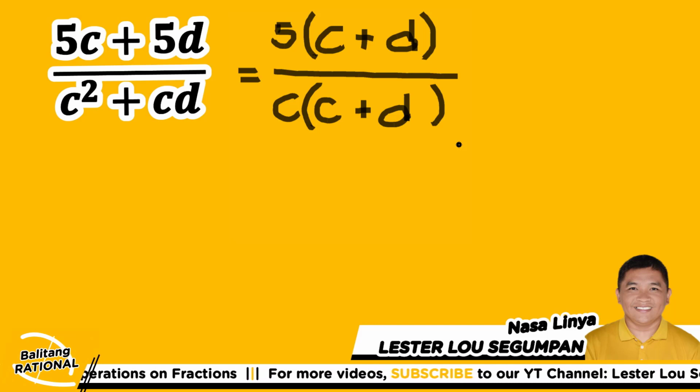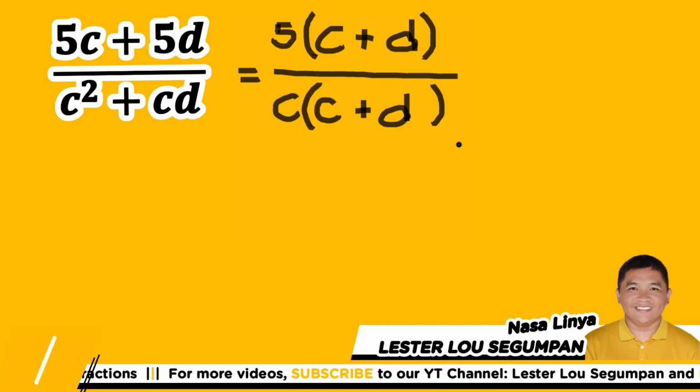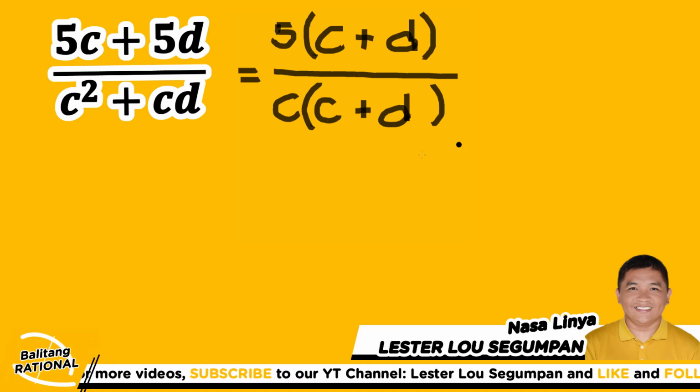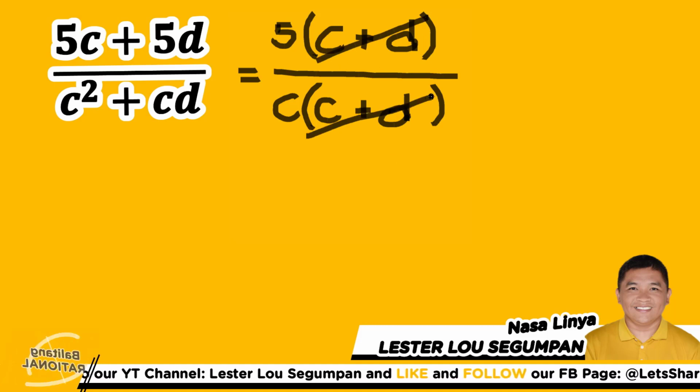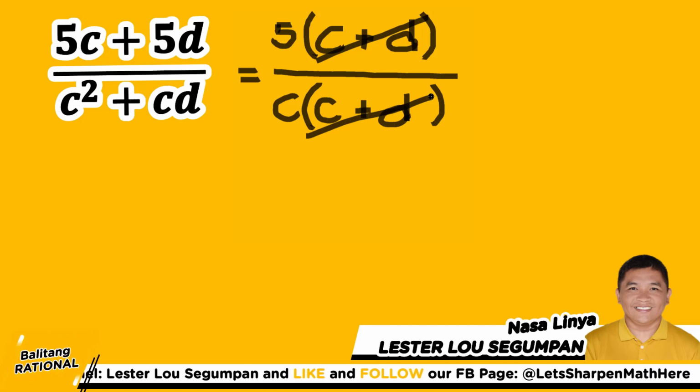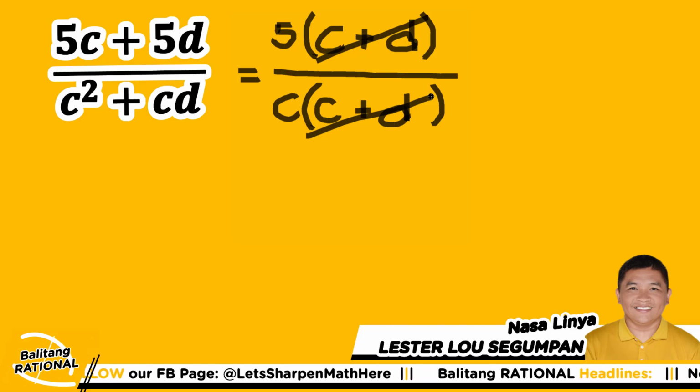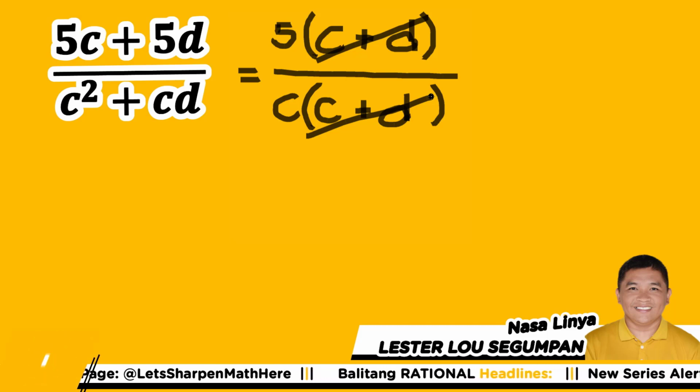We can now use here the cancellation law. Cancellation law, looking into the perspective that we have c plus d here and c plus d here as well. Cancellation law works on the similar coefficients, variables, or terms that can be found in both numerators and denominators that are separated by the operation of multiplication.